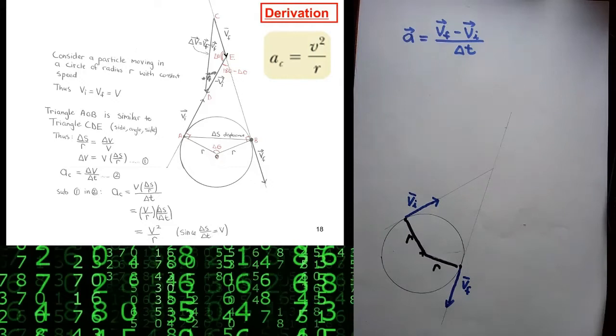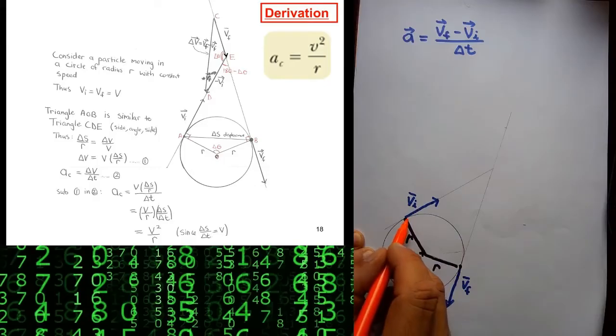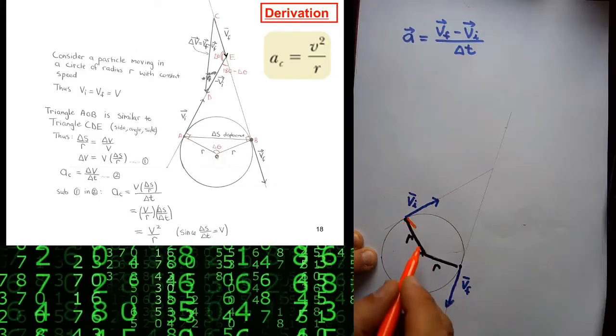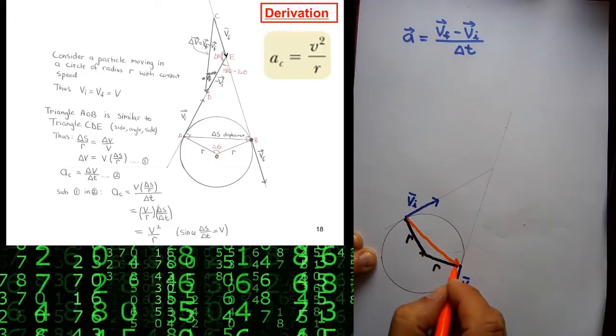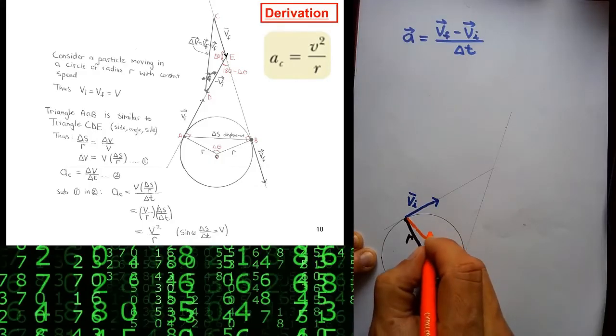Another thing that's of interest to us is the displacement of the particle. If you remember, we spoke about displacement being a vector that points from the beginning position to the final position. So our particle started there and then it points in this direction. It's an arc that points like that. That's the displacement vector.